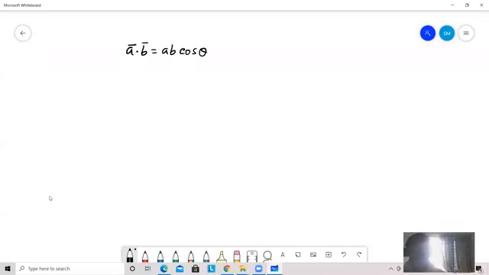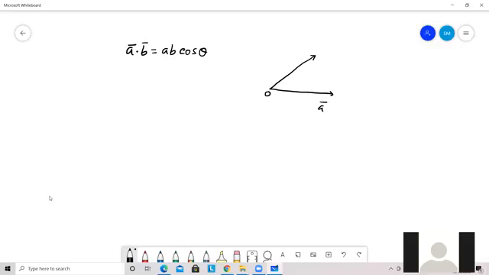So what is the physical significance or geometric interpretation of this dot product? Sir, the shadow of vector A will fall on B. Projection, sorry. Projection. Good.